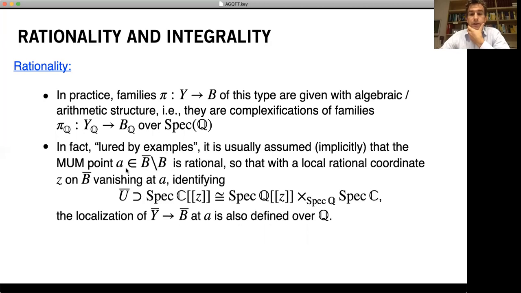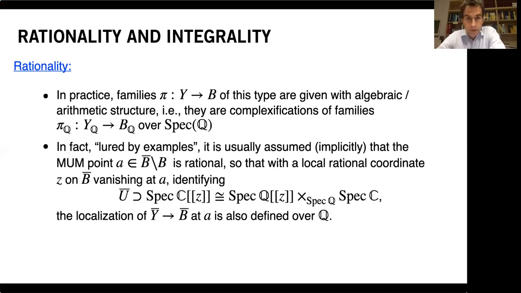So it's a rational point in this compactification of B. And if you then use a local rational coordinate, which usually comes equipped with that, then you can localize the entire family to the formal neighborhood of this point of maximal unipotent monodromy, and this localization is also defined over Q. So the localization to this formal disk around maximal unipotent monodromy is also defined over Q.